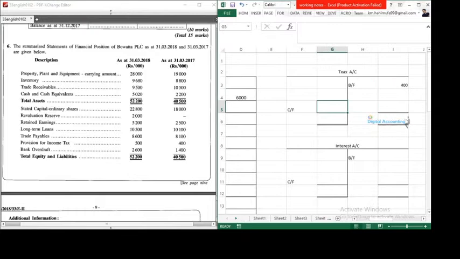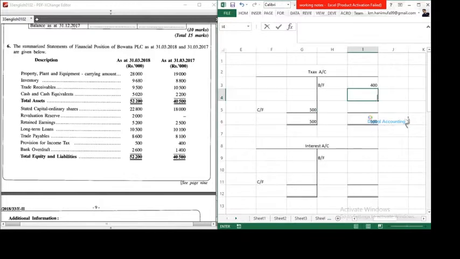How much is the provision for the income tax? 500. If you adjust this value, how much is given? The profit statement value posted from this, the brought forward, goes to the income statement, on the debit side.